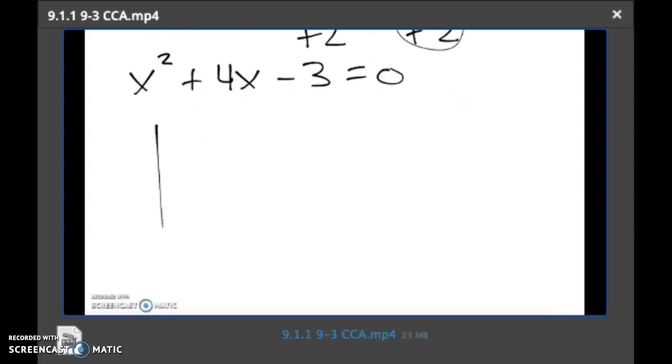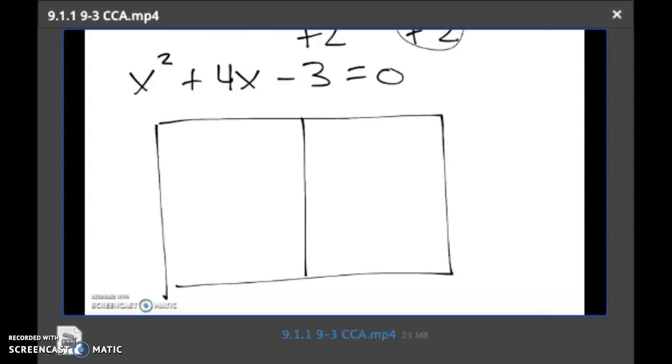Okay, now I'm going to get my equation mat set up. On the right I've got 0, and on the left I'm going to put in the tiles I have. I'm going to put my x squared as positive, so make it blue. Then I have 4 positive x's, so I'm going to split those in half and put 2 of them above my x squared tile and 2 of them to the right.